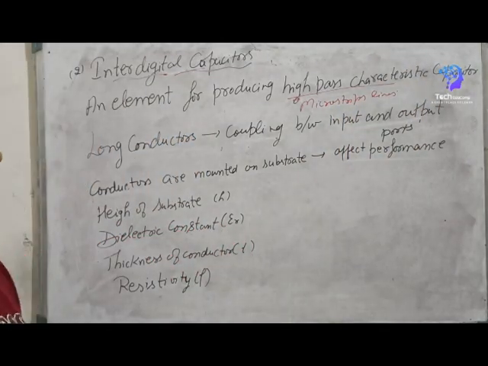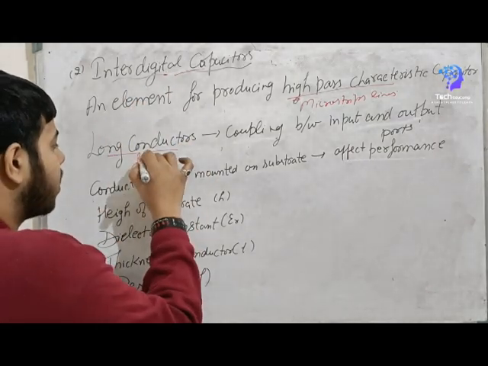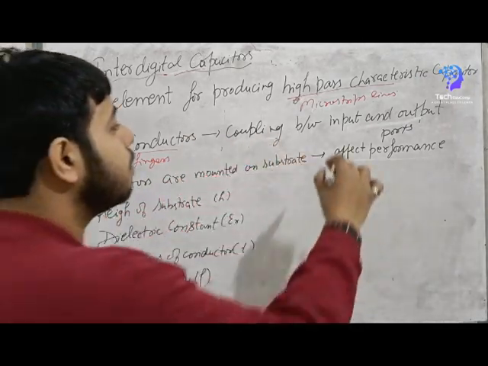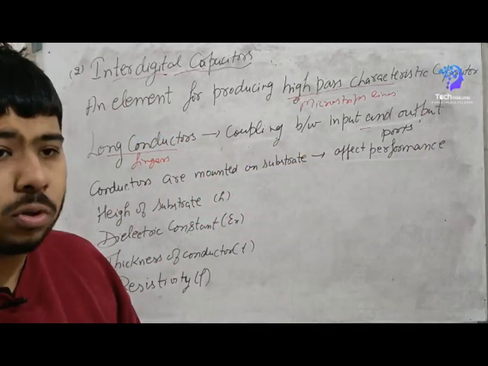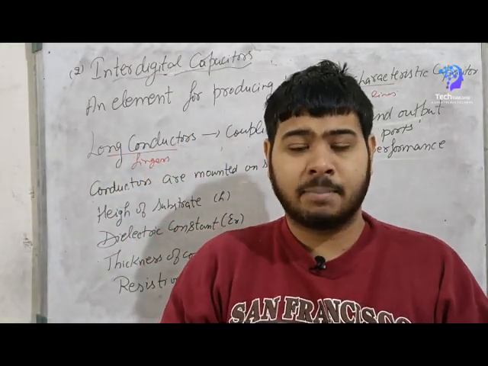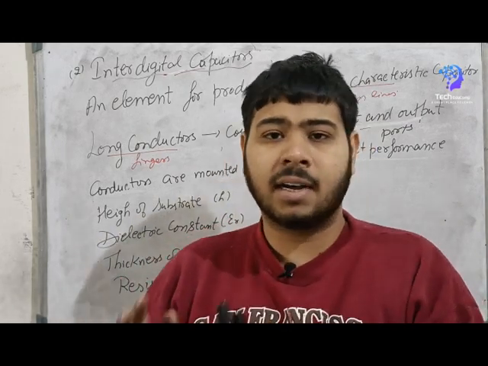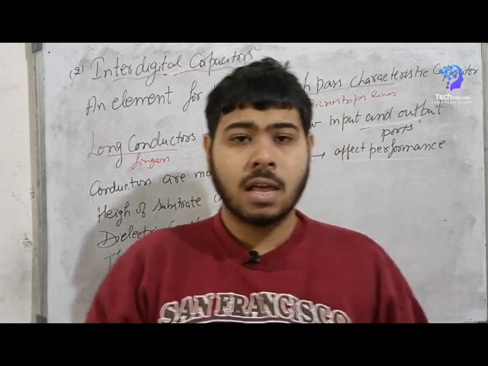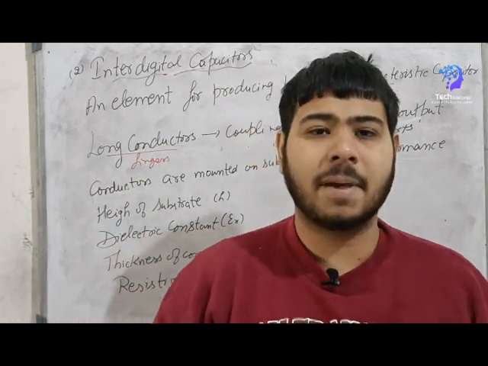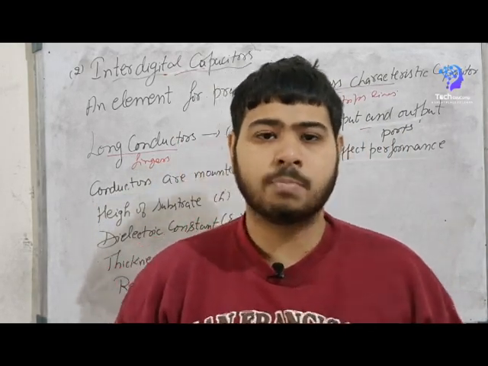These capacitors have long conductors, or you can say fingers, which are used to provide the coupling between the input and the output ports across the gaps. Also, the gaps between the fingers and the ends of the fingers are typically the same.